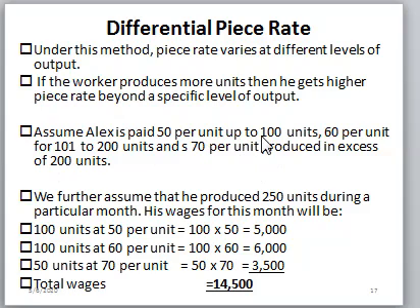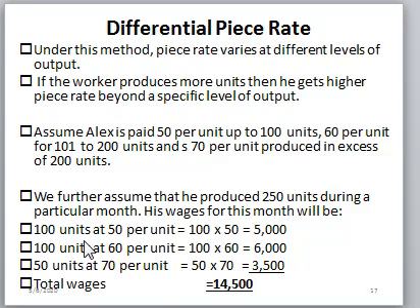Anything that exceeds 100 units but does not exceed 200 units, the employee is going to be paid 60 per unit. Anything that exceeds 200, the employee is paid 70 per unit. So in this case, you go for differential rates.